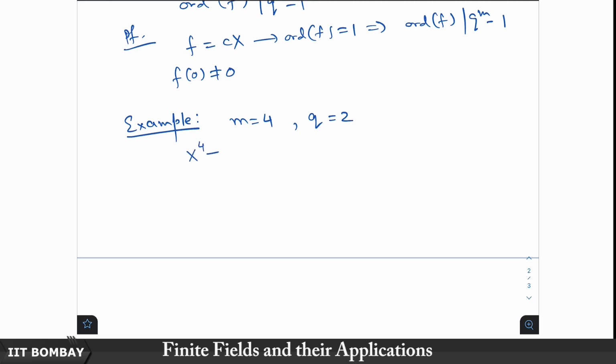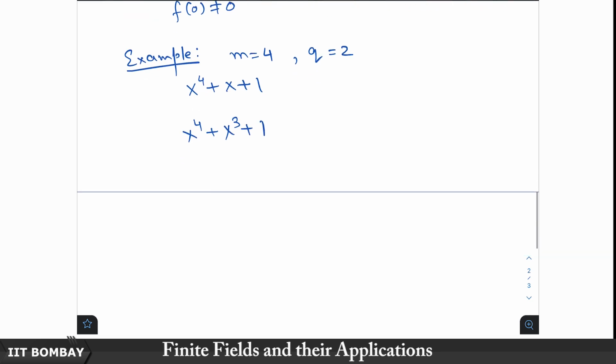X power 4 plus x plus 1 is an irreducible polynomial, x power 4 plus x cube plus 1 is an irreducible polynomial of degree 4, and also x power 4 plus x cube plus x square plus x plus 1 is an irreducible polynomial. There are these three irreducible polynomials of degree 4.